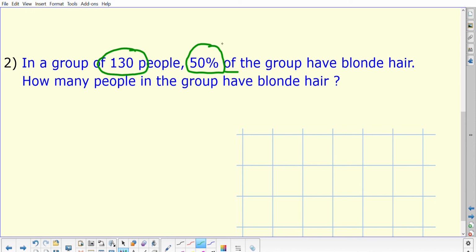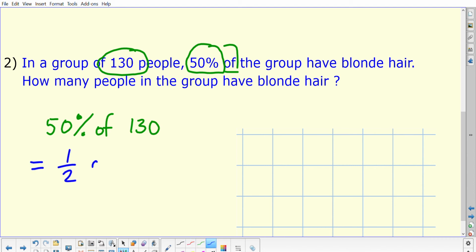That's the three pieces of information, if you like. So to work out how many people have got blonde hair, we need to work out what is 50% of the 130 people. Now we know that 50% is the same fraction as a half, so we are trying to do a half of 130.